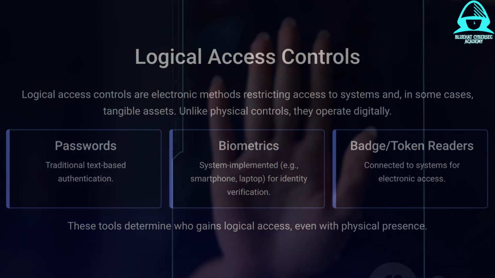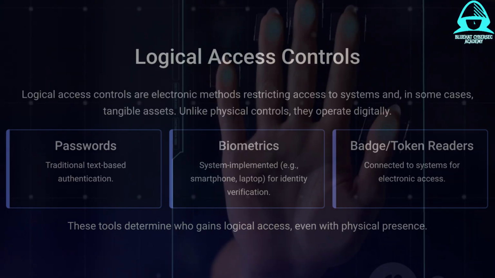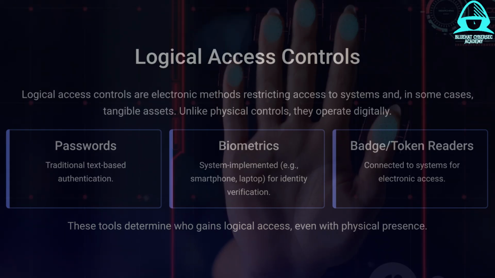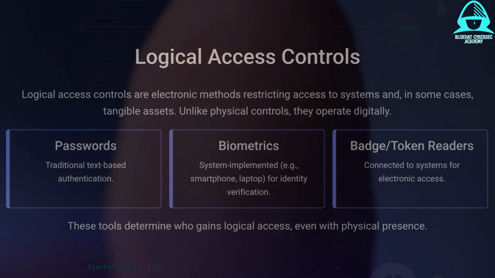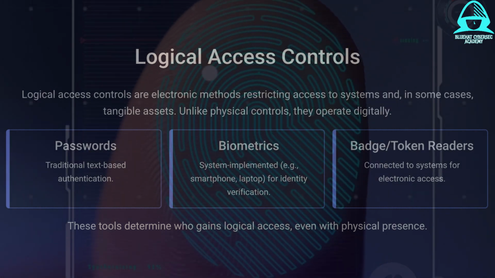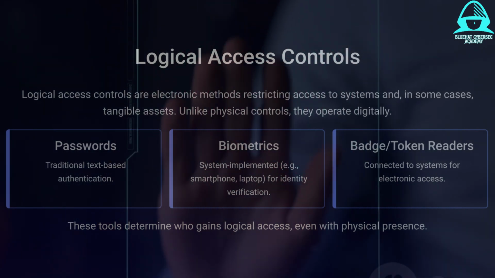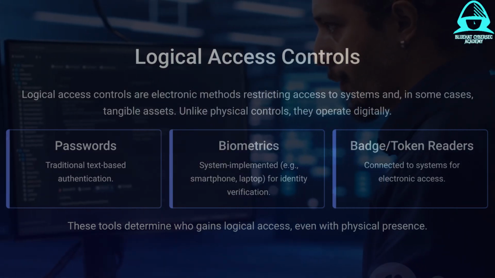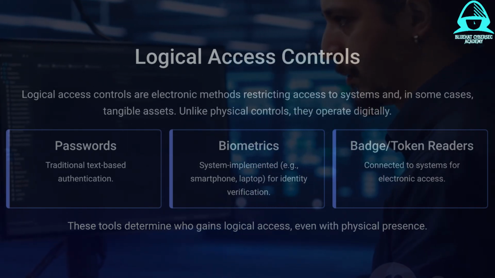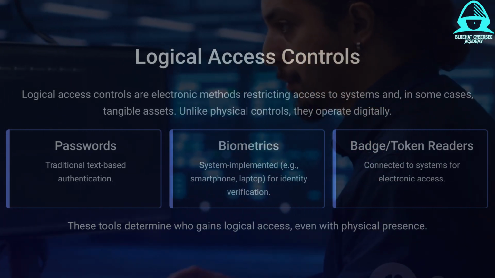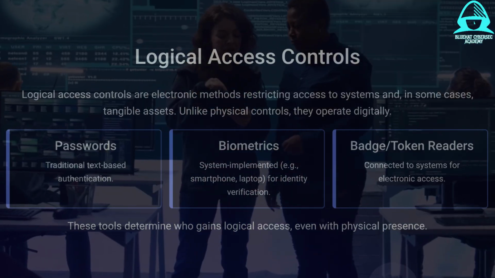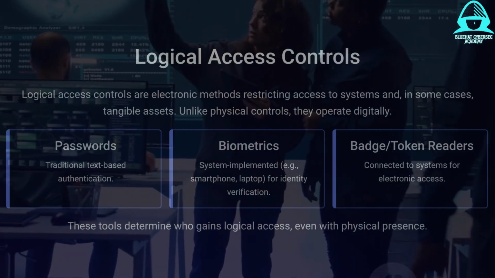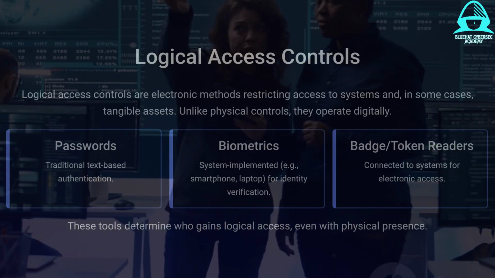Types of logical access controls include passwords on digital devices, biometrics implemented on a system such as a smartphone or laptop, and badge or token readers connected to a system. These electronic tools determine who can gain logical access to an asset, even if the person already has physical access.